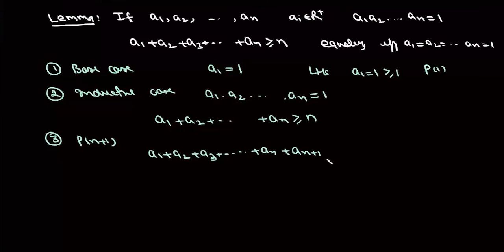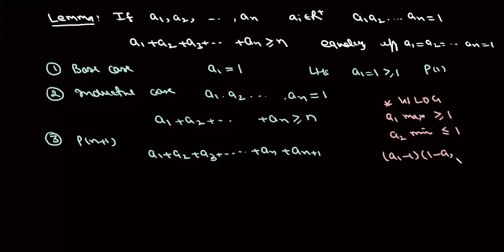Now here what we'll do is, without loss of generality, we can say that out of a1, a2, a3, an plus 1, a1 is the maximum element and it is greater than or equal to 1, and a2 is our minimum element which is less than or equal to 1. So if a1 is maximum and greater than 1 and a2 is minimum and less than 1, then we can write a1 minus 1 into 1 minus a2 will be greater than or equal to 0.